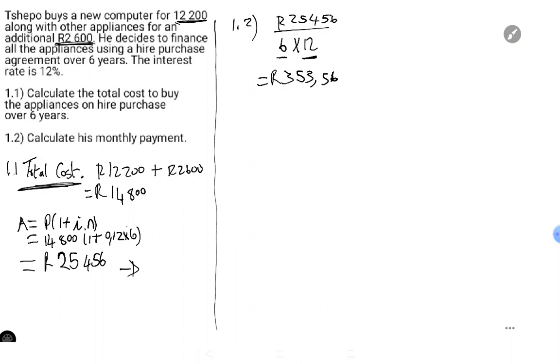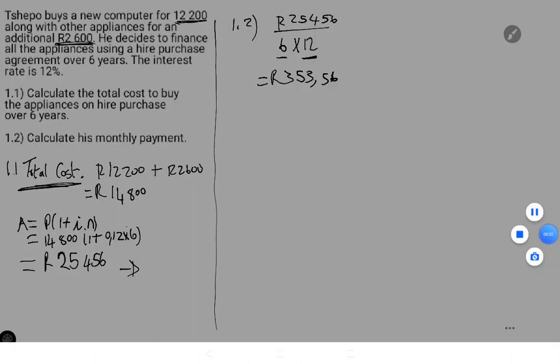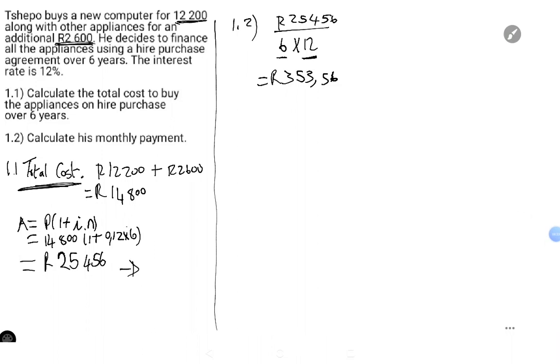So I'm going to briefly go through it again. Temple buys a new computer for 12,200, along with other appliances for an additional 2,600.